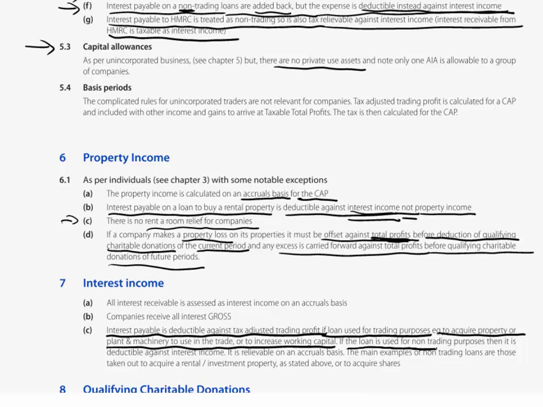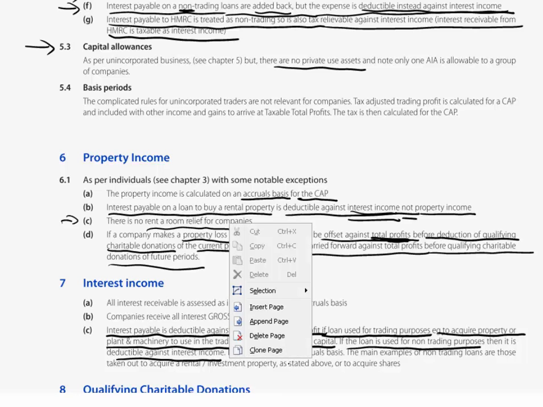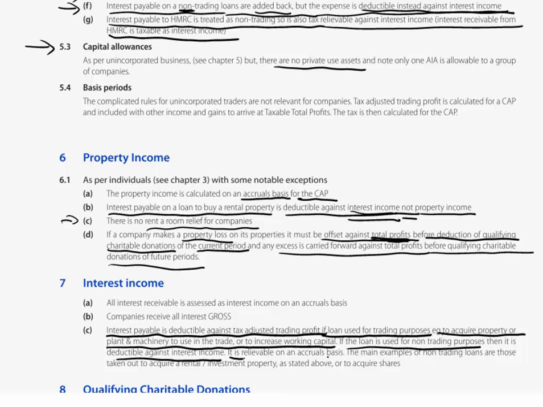But if the loan is used for non-trading purposes, like the rental property, like buying shares, then it is deductible against interest income. It is relievable, remember, on an accruals basis. Interest payable.